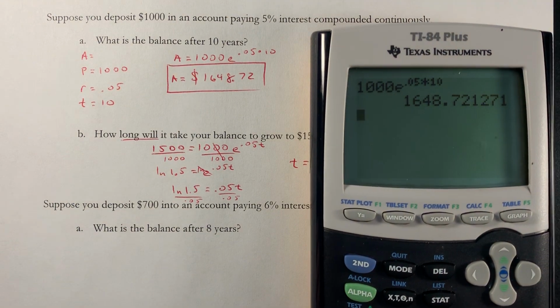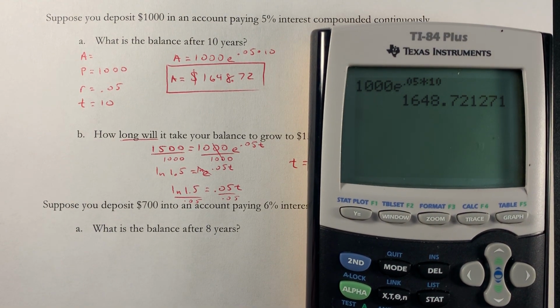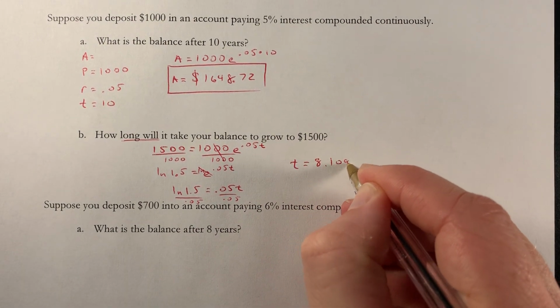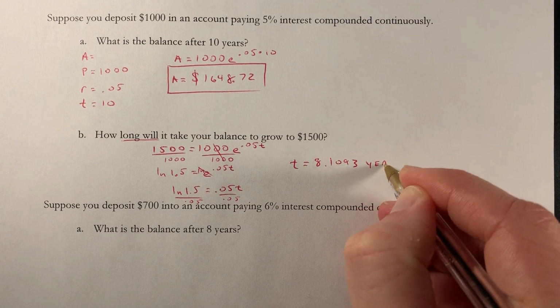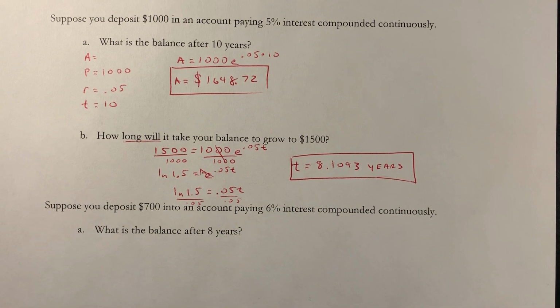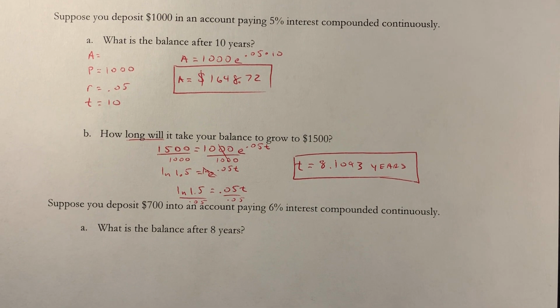Okay, so we need to put in the calculator natural log 1.5 divided by 0.05. Okay, so 8.1093 years. So just a little bit over 8 years, it'll grow to $1,500.